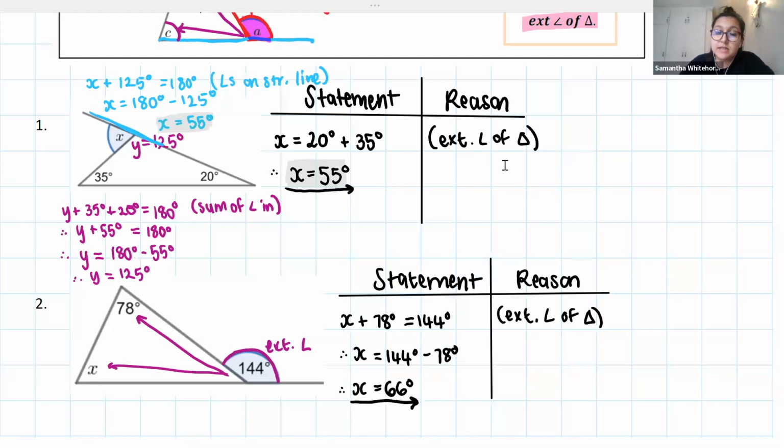The trick is making sure that you are correctly working with the correct exterior angle. If we make an oopsie and we're not actually working with an exterior angle, obviously it means we're doing some weird things.